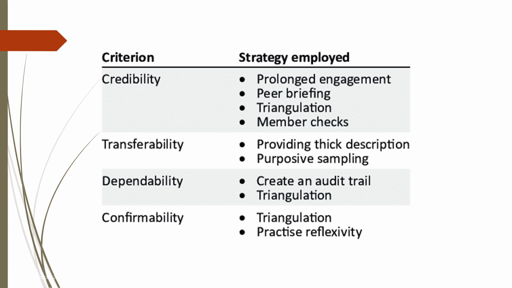Member checking is a strategy that is used frequently in qualitative research, which is called participant validation, where the results of your qualitative research are returned to the participant to check for them and to check the accuracy of them. Transferability, as we said, providing thick description. Dependability, creating an audit trail. Confirmability by triangulation, and reflexivity of the researcher.